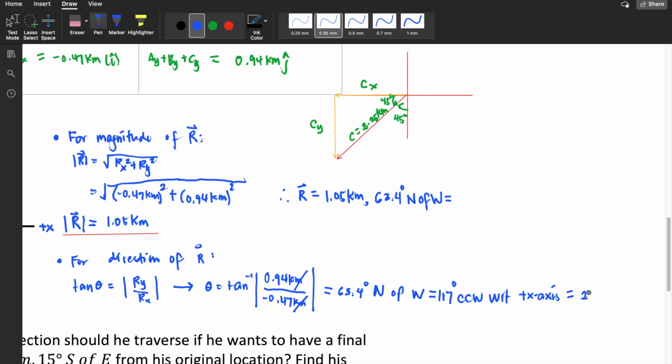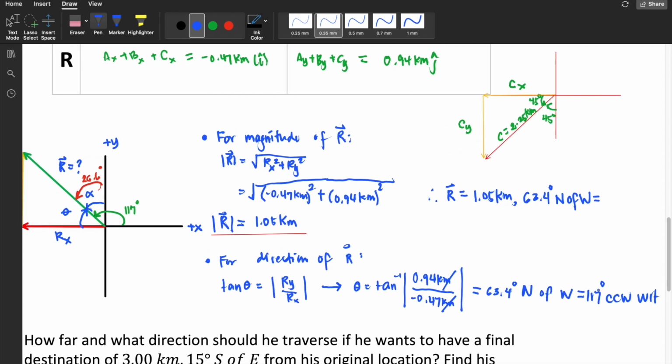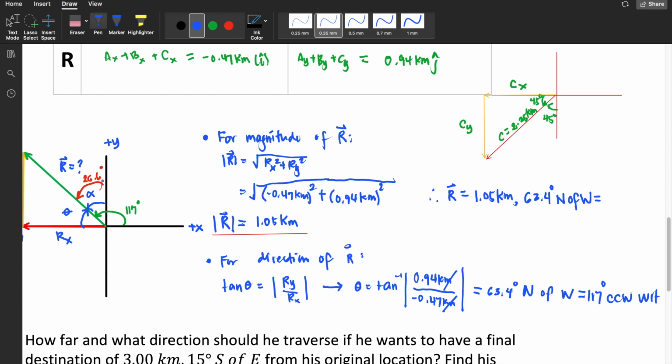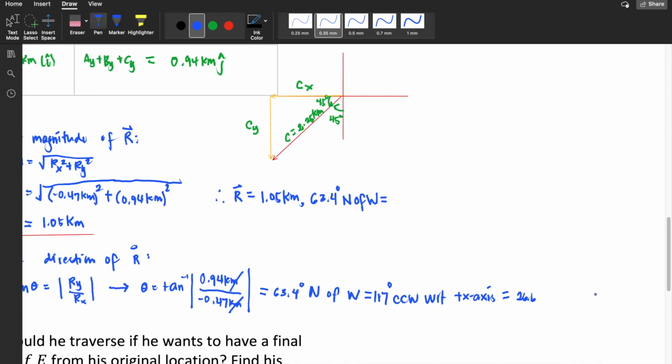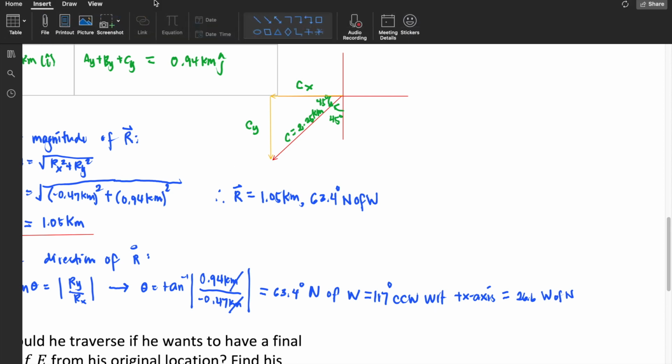So you'll have 26.6 degrees, and it's from north going west, so that would be west of north. The final direction can be written in any of these three forms.